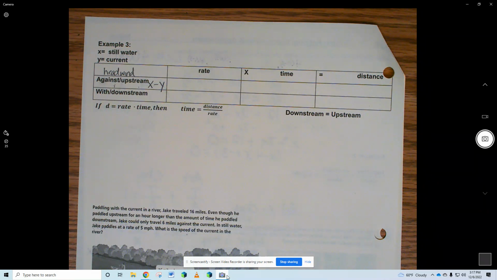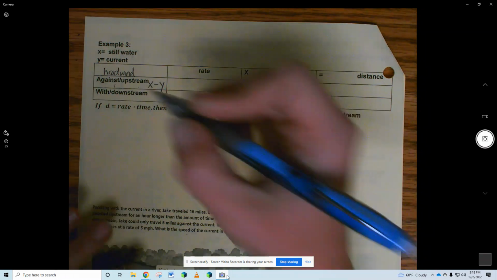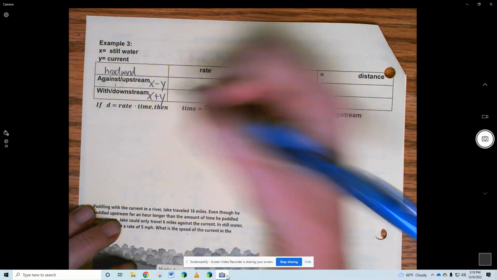So as I'm rowing and riding, I can go a little bit faster because the water or the wind is pushing me along. I don't have to work as hard. I could even let go and I'll still be moving because the water will carry me. That would be nice. So I am working together with the wind. That's going to be described as x plus y.